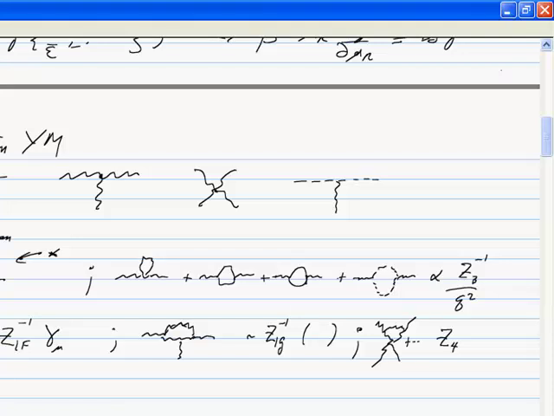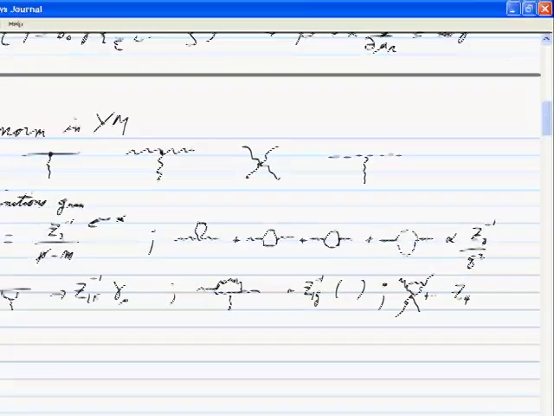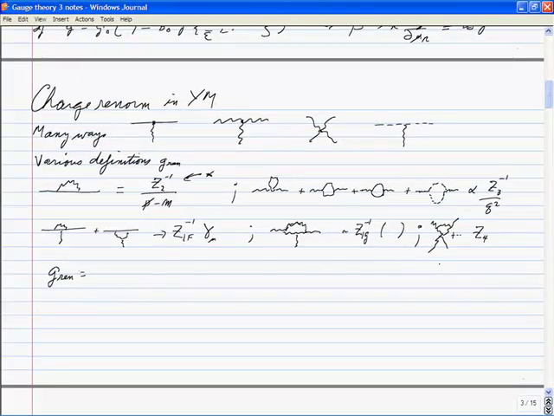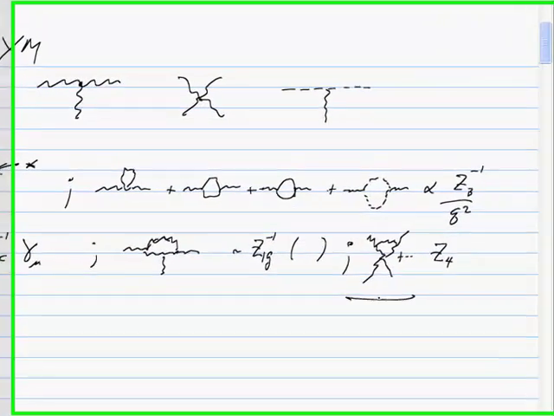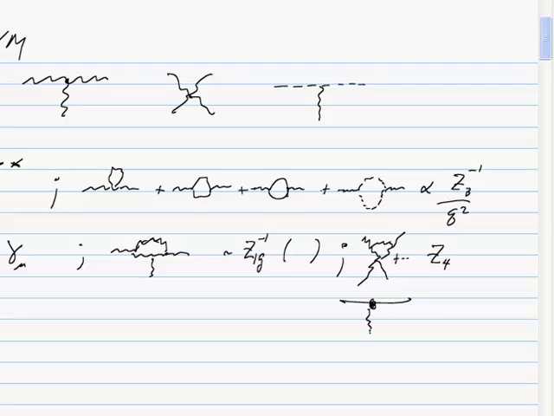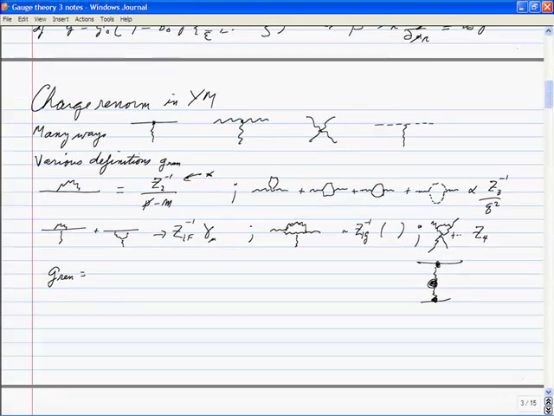Okay, so in principle, to do this completely, we have to calculate all those guys. And so the definitions are G renormalized. Well, if we did this to define with fermions on both sides here, that's G squared renormalized.